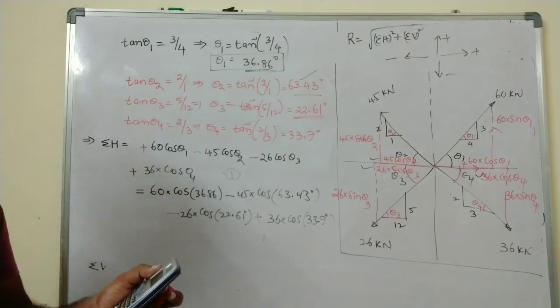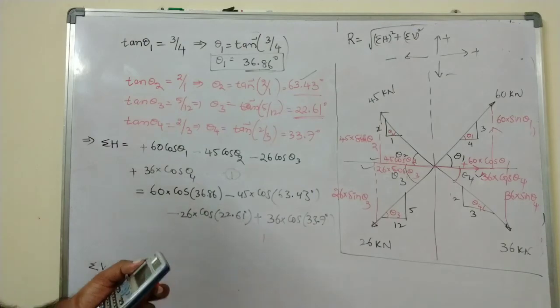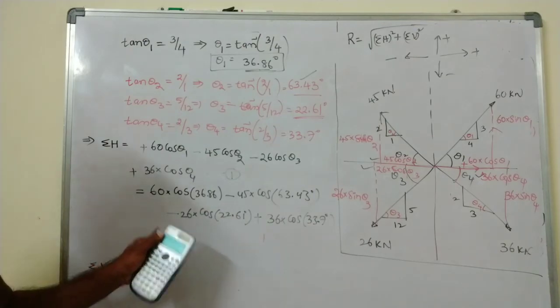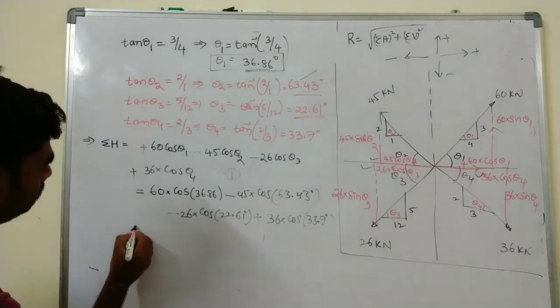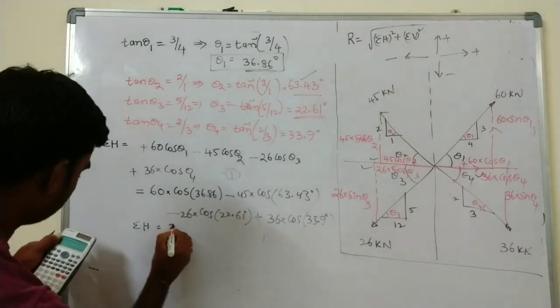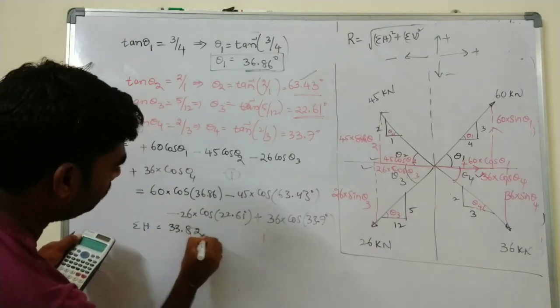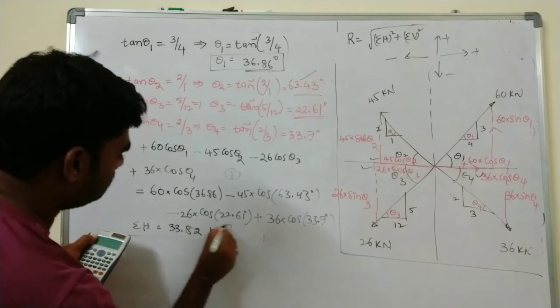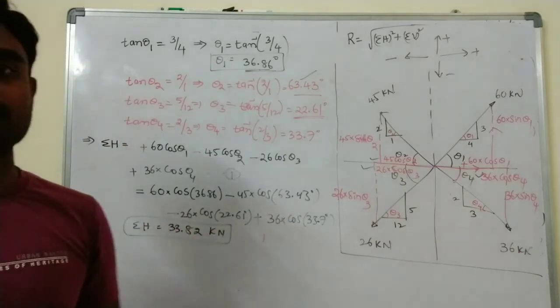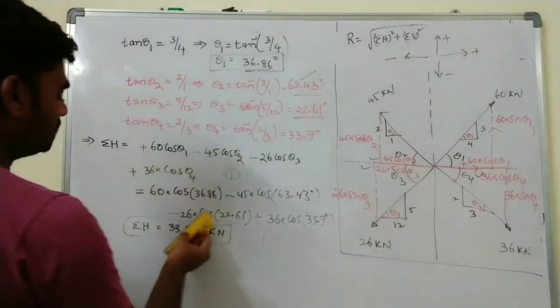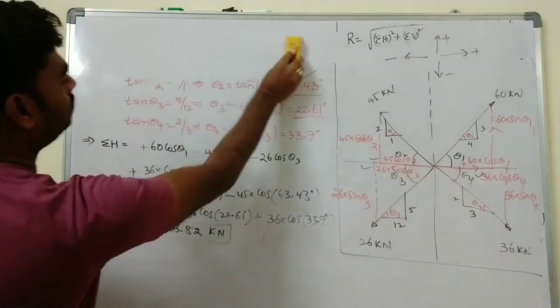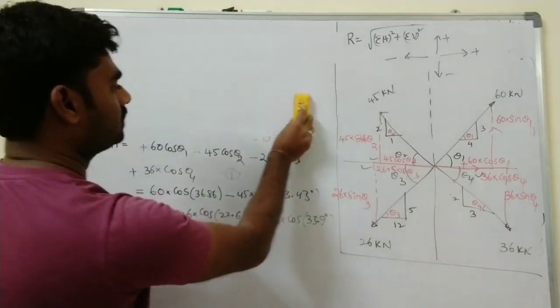So the value of sigma H equals 33.82 kilonewtons. So this is the value of sigma H. The next one is sigma V.